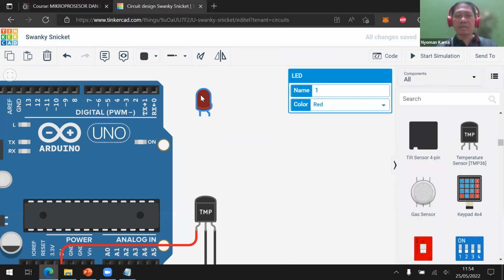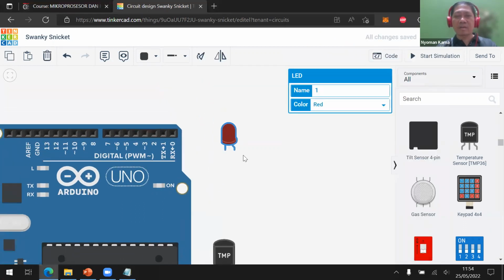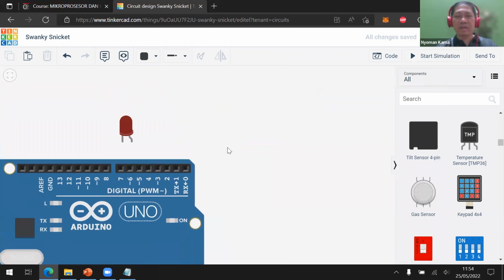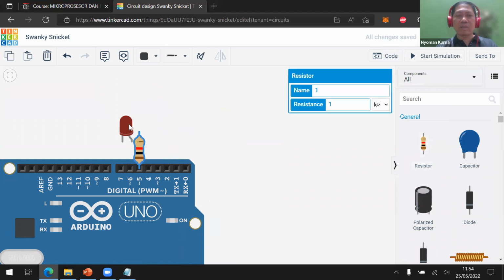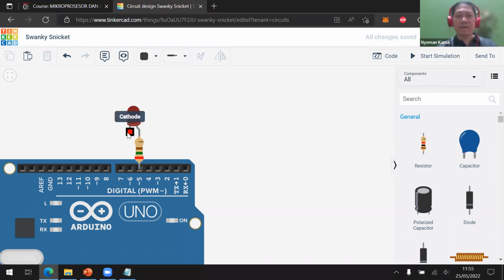Okay, now this is the anode. So I'm going to put the anode through a resistor. Remember, we need a resistor to limit the current. However, 1 kilo ohm is too big. It only needs 250 ohm. Then this cathode is connected to the ground.